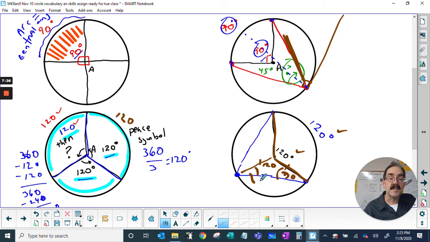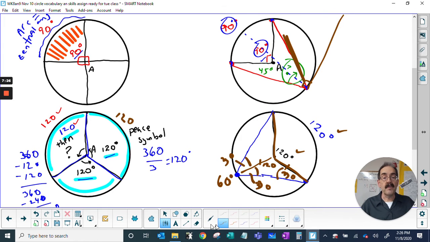This has to be 30. Well, we cut it in the middle. If that's a 30, then that has to be a 30. Okay? Which makes 60 degrees, which is indeed half of the 120.